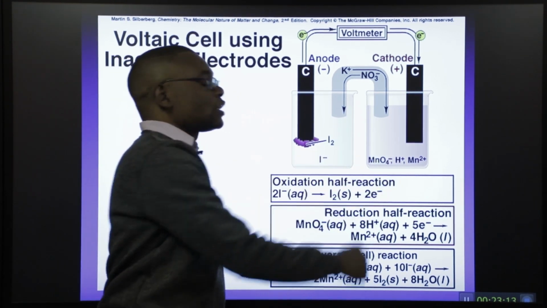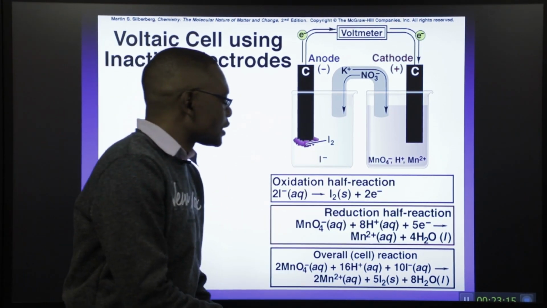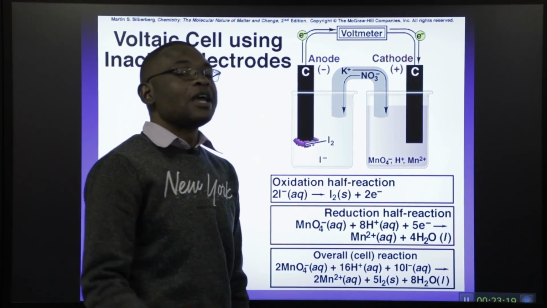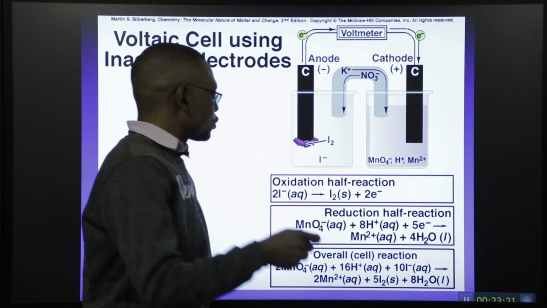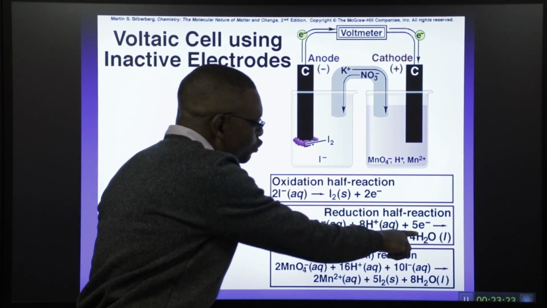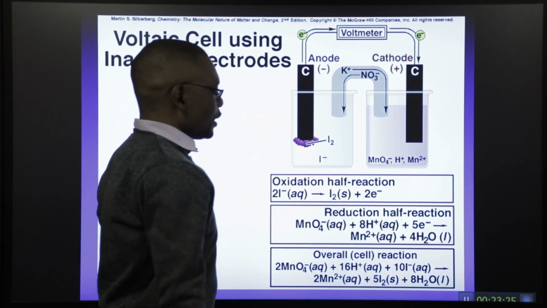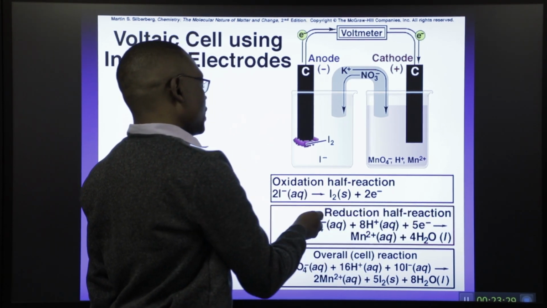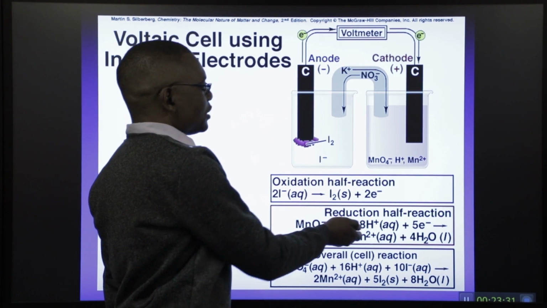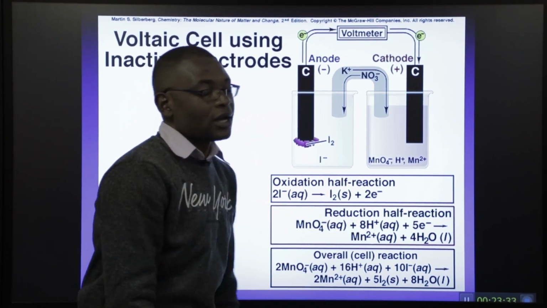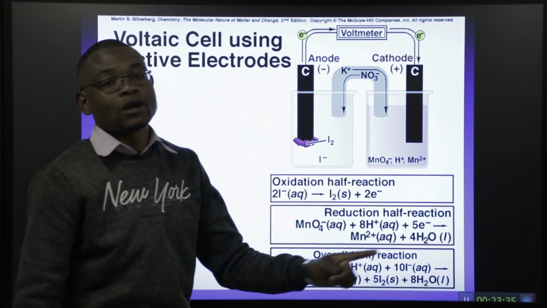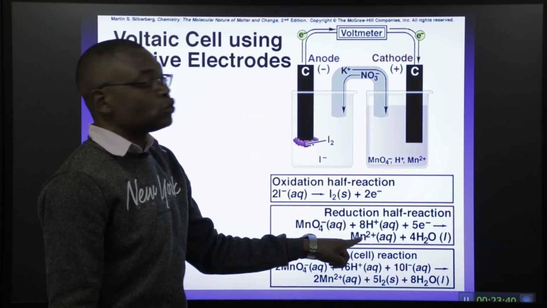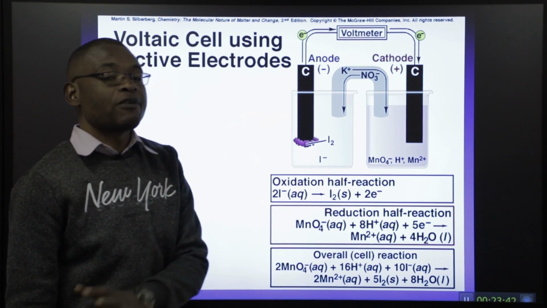Electrons had to be moved around here, and we agree that the permanganate will have to react with the 8 H plus so that we remove these oxygens to form water, and then we must have 5 electrons coming in and they will be picked up by the manganese to form manganese 2 plus. So the manganese is undergoing reduction from 7 plus to 2 plus by picking up 5 electrons.